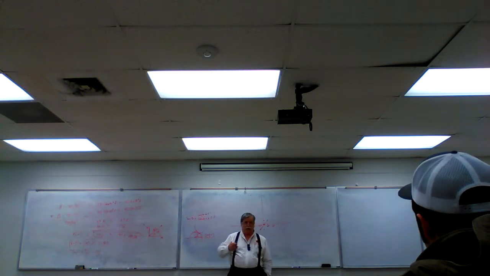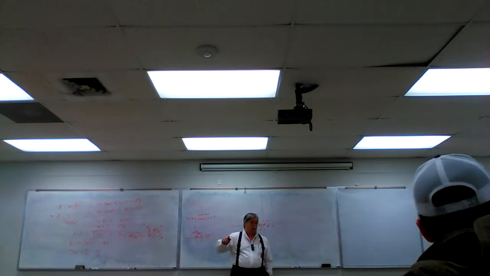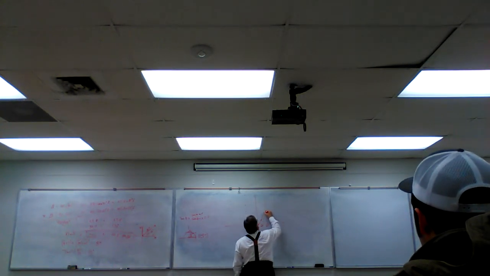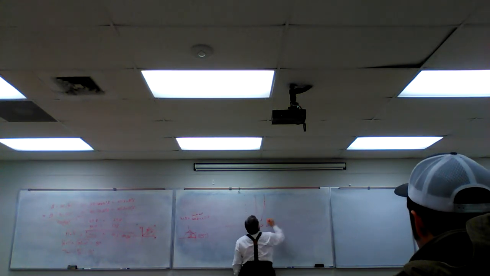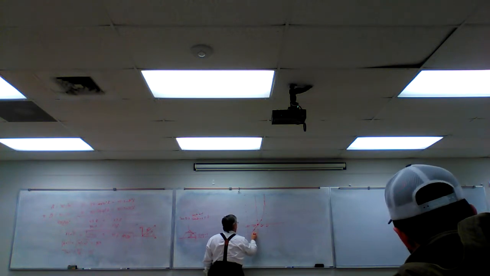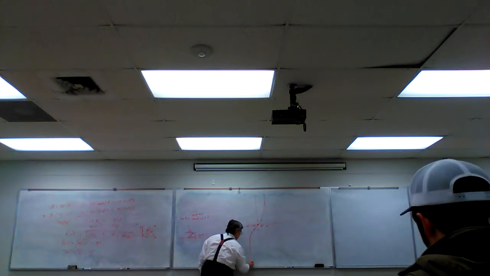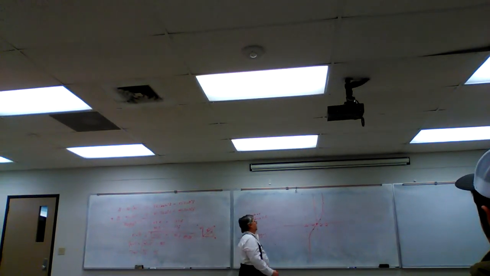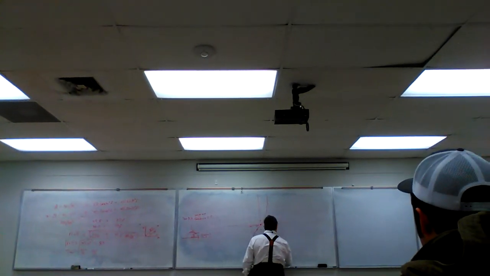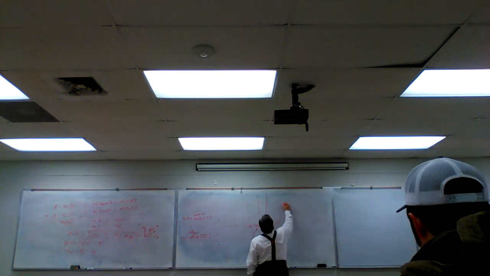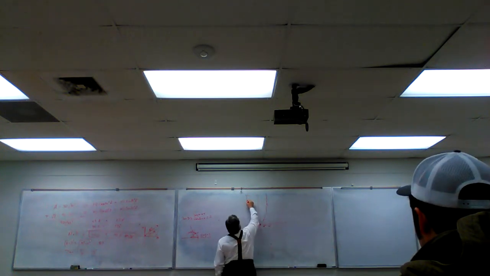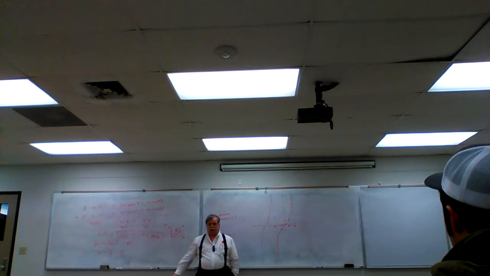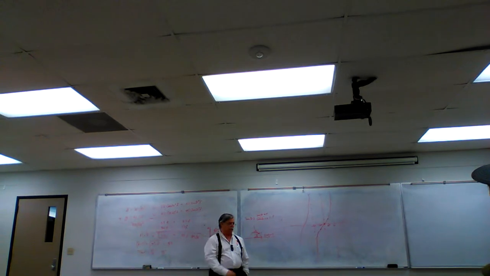Now, the closer you get to 90, the higher and higher this gets. And it does this. Same thing happens over here. The closer you get to minus 90, the closer it gets to negative infinity. And then it repeats. Over and over and over again, an infinite number of times in both directions.